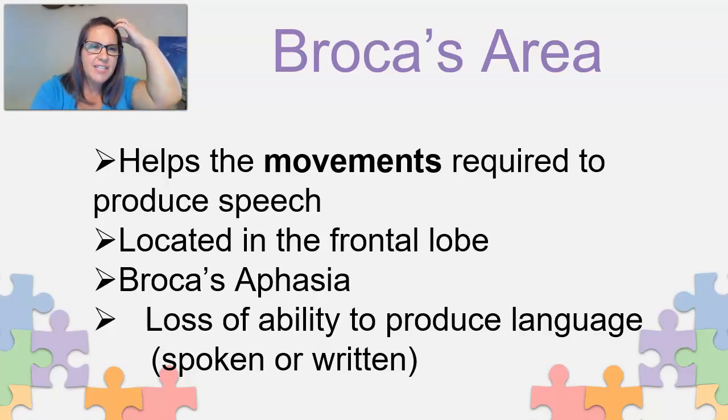On the left side of your brain, but in the frontal lobe, which is here toward the front of your brain. If you are experiencing Broca's aphasia, that means that you've lost this ability to produce language. So there's something going on between your brain and the muscles in your mouth and your tongue and your jaw that make it very difficult for you to be able to produce language.